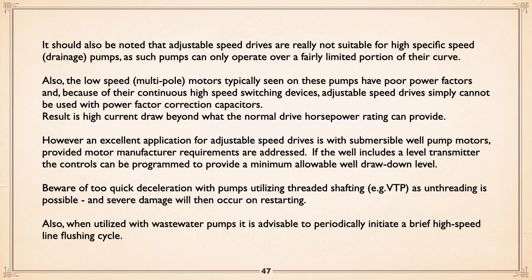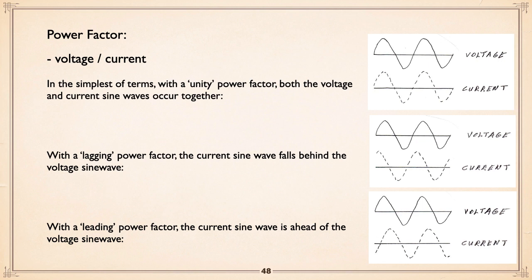Now, changing subject again. In the midst of all this, we talked about power factor. Okay, what is power factor? Normally, you've got a voltage sine wave and a current sine wave, and they're the same, right? That's how they arrive.